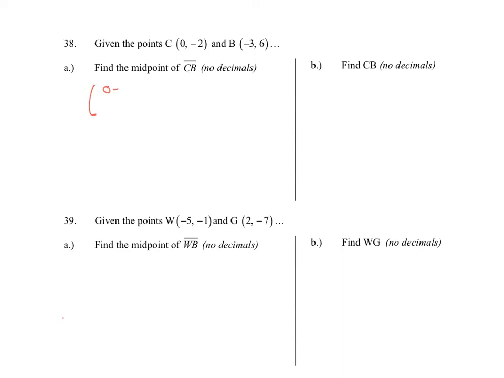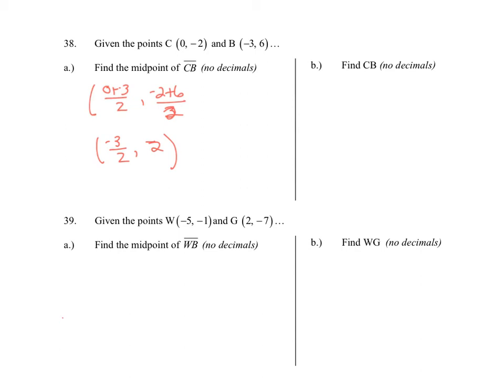So 0 plus negative 3 divided by 2 gives me negative 3/2. Then I'm going to have my Y's, which is negative 2 plus 6 divided by 2, and that is going to give me 2. Okay, so there is my midpoint.